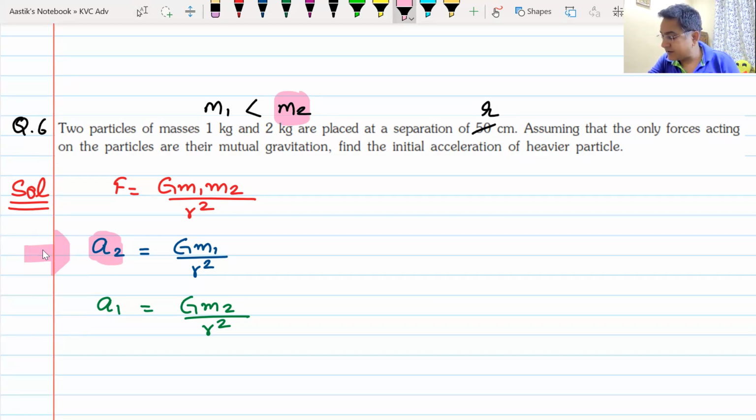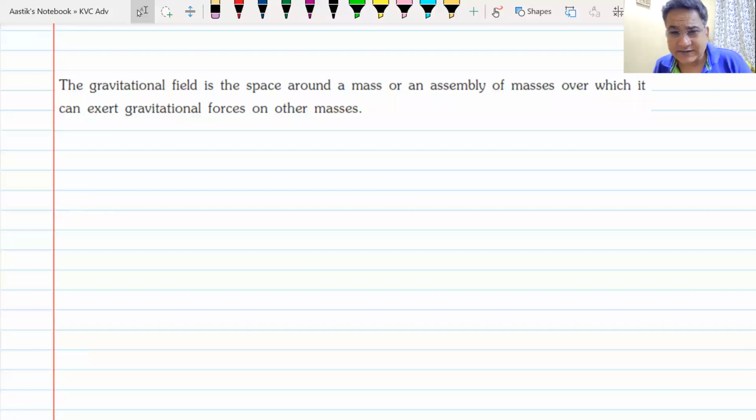So, gravitational field is a space around a mass over which it can exert gravitational force on other masses.